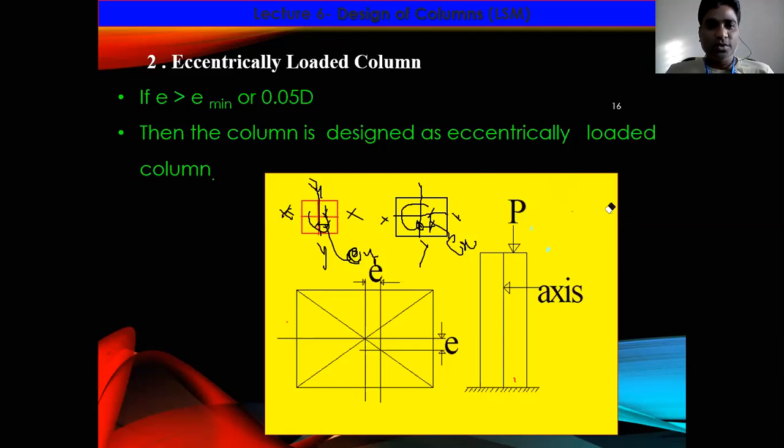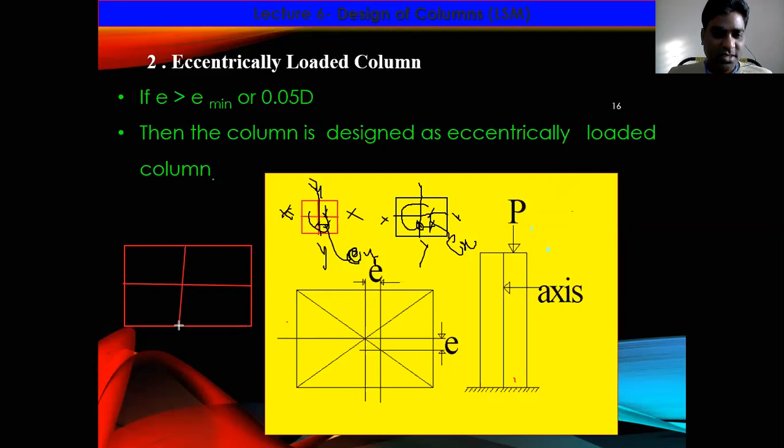So it's very important to understand whether it is a uniaxially or biaxially loaded column before going to design. So suppose this is your column, and this is your x-axis, this is your y-axis, right? And the load is acting somewhere else here. This is your P, let us say.